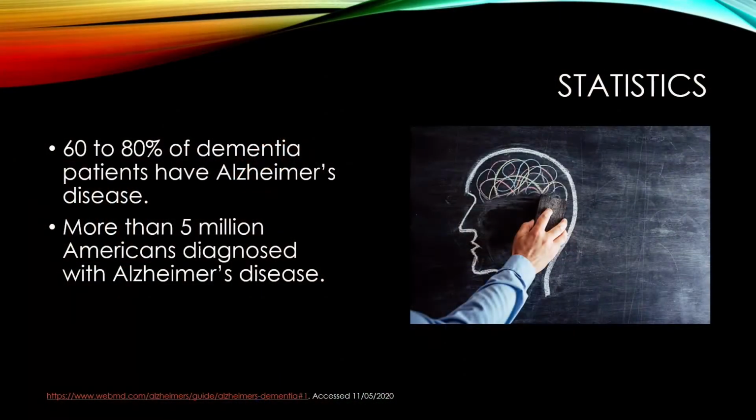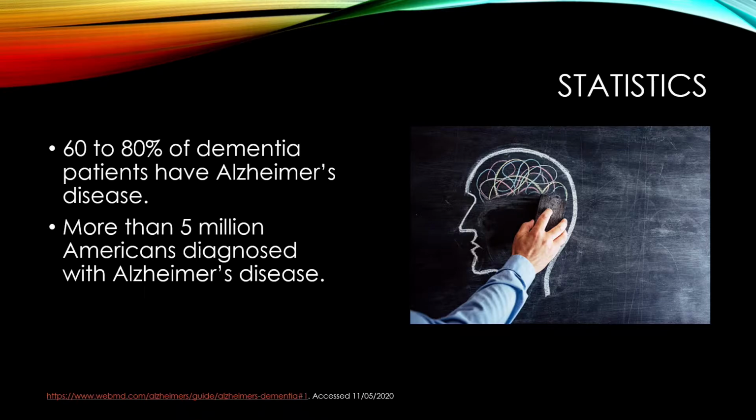The reason we focus on Alzheimer's is because 60 to 80% of dementia patients have Alzheimer's disease. So if it's 60 to 80% of everyone that has dementia that is actually diagnosed with Alzheimer's, then it's important.